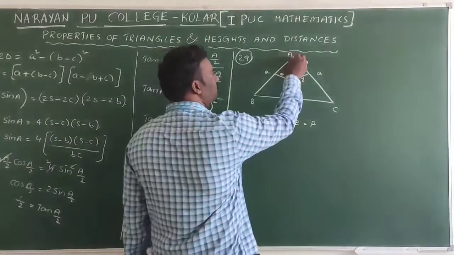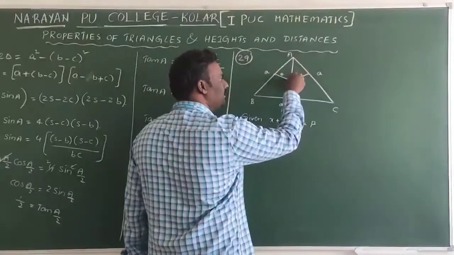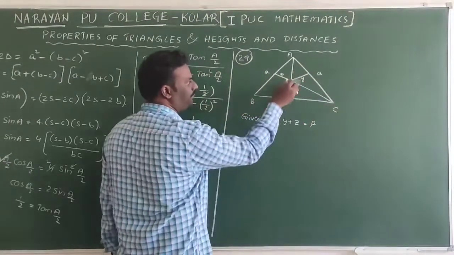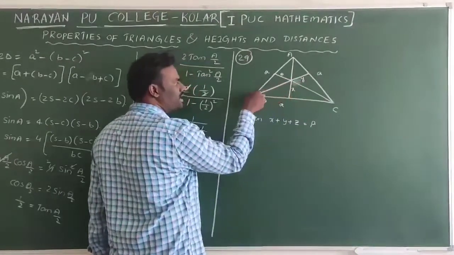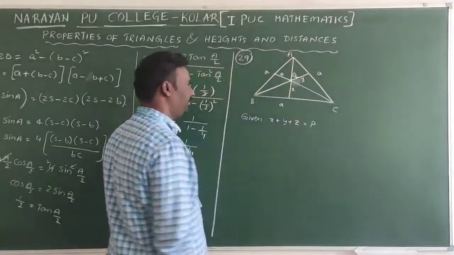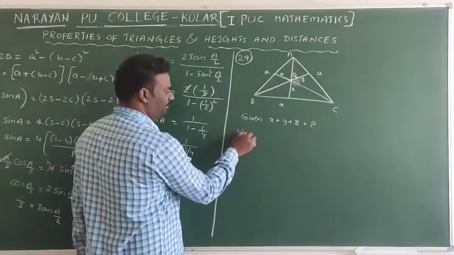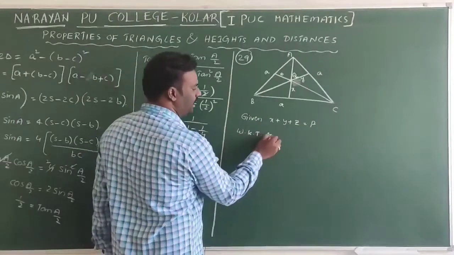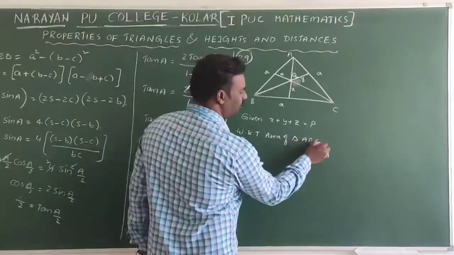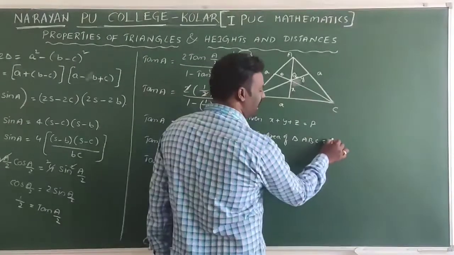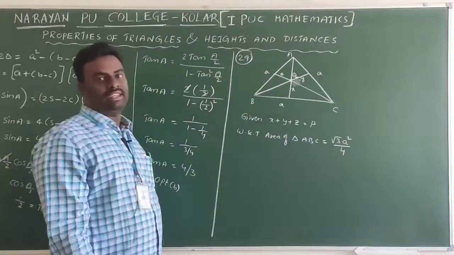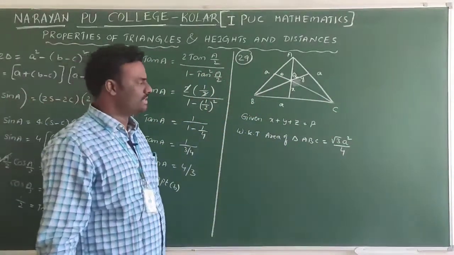Now join Q to the vertices, extend these lines. Now this is Q. We know the area of triangle ABC. The formula for area of an equilateral triangle is root 3 a square by 4, where a is the side, all sides are equal.